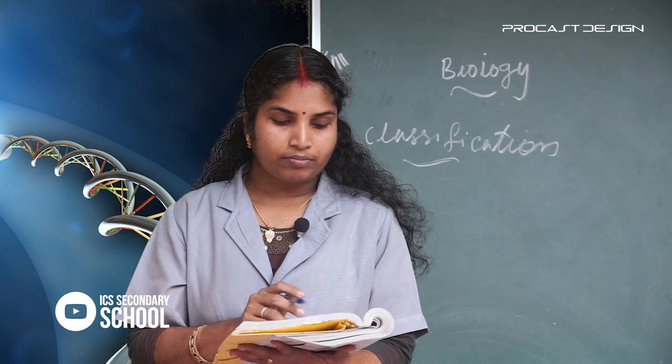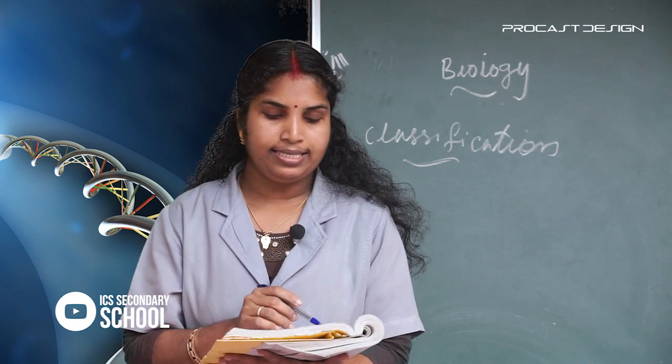Here in plant classification there are slight changes: instead of order, here it is family. The classification units are species, genus, family, series, class, phylum, kingdom.